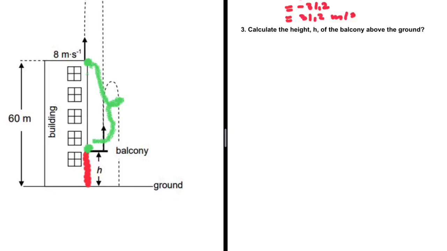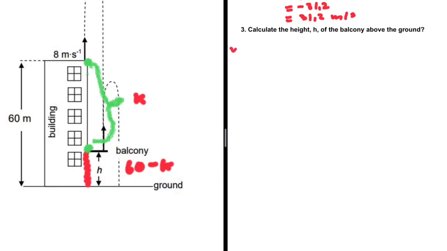If we say that the height from the top of the building to the balcony is k, then the height from the ground to the balcony will be 60 minus k, because from the ground to the top of the building is 60 meters, like we are given. So we can just find the displacement from the top of the building to the balcony and use that to find the height. Let me go ahead and show you what I'm talking about.